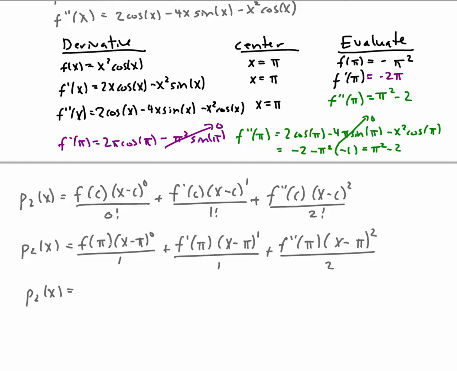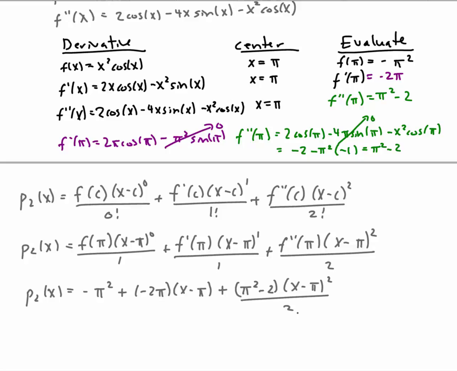F of pi, we know from up here, is a negative pi squared. x minus pi to the 0 is 1. So for my next term, f prime at pi is equal to -2 pi times x minus pi. And of course, 1 dividing by 1 is just 1, so I'll leave that written out as is. Plus, the second derivative evaluated at pi would be pi squared minus 2, x minus pi quantity squared over 2.